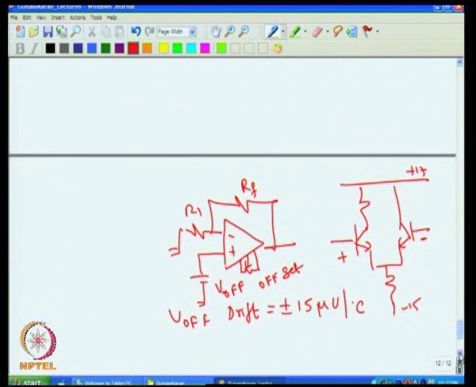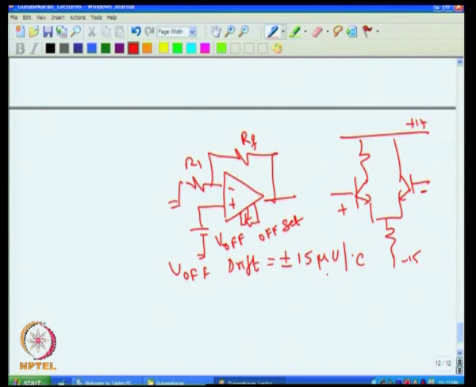So, the V offset drift of the 741 is plus or minus 15 microvolt. It means the change in voltage here at this point is 15 microvolt per degree C.